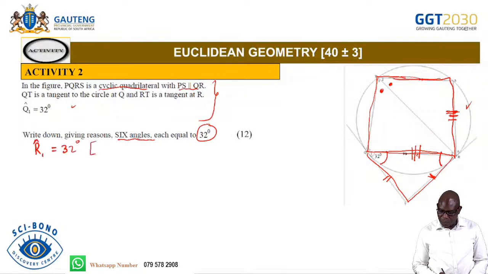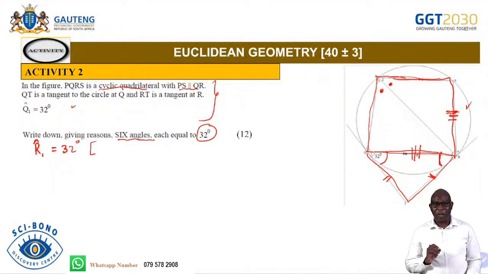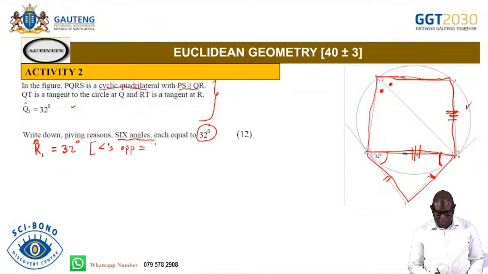The reason there will be the tangent, two tangents drawn from the same point are equal. So these angles here will be angles opposite equal tangents. Okay, right. So it's angles opposite equal tangents.